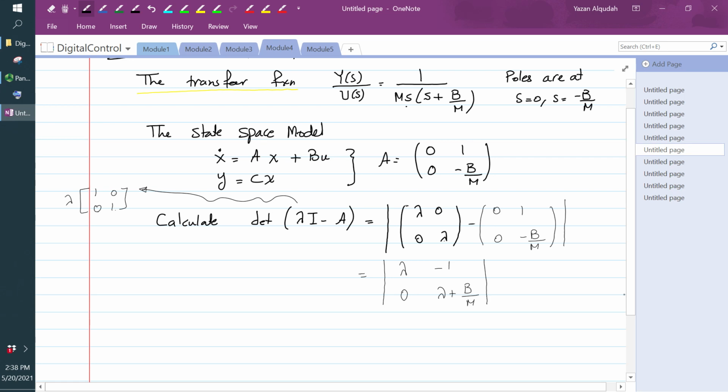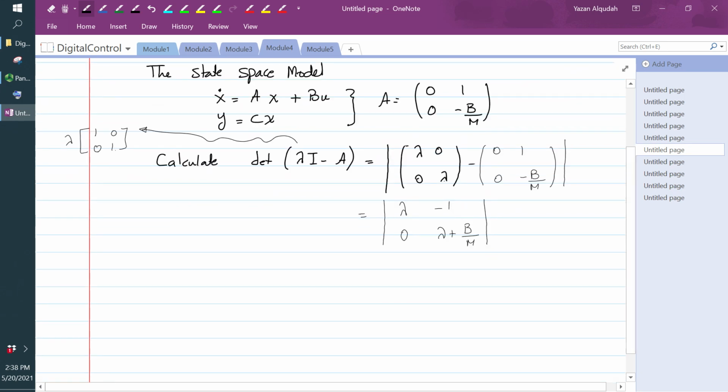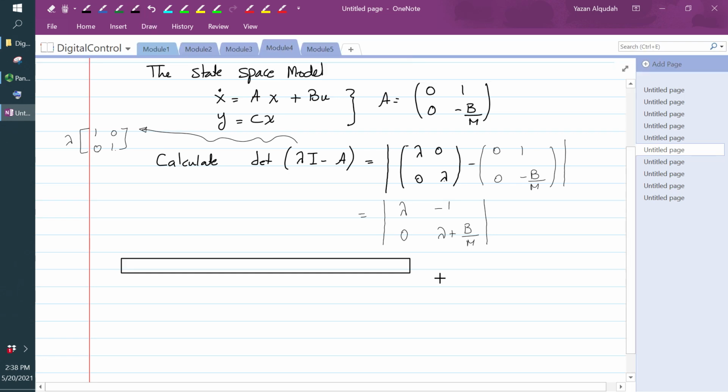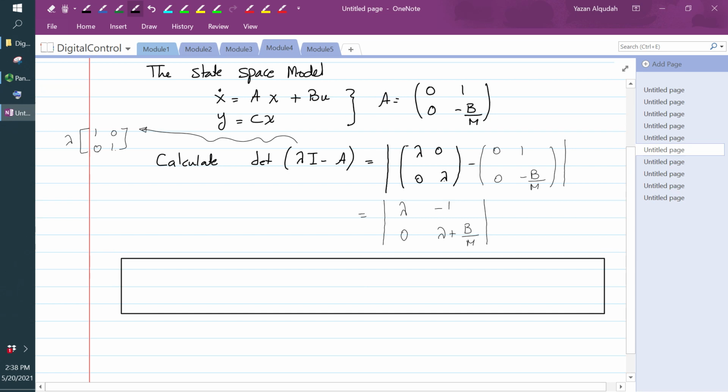So I want to calculate the determinant for this matrix. Now what is this determinant equal to? So let's put this in a box. This looks nice.